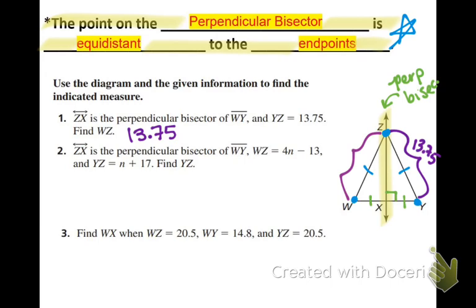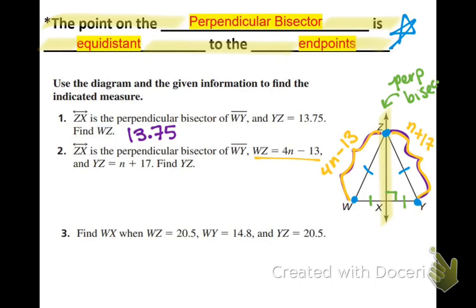The next one says ZY is the perpendicular bisector, so we already got that written. Then it says WZ is 4n minus 13. So from W to Z is 4n minus 13. And YZ is n plus 17.